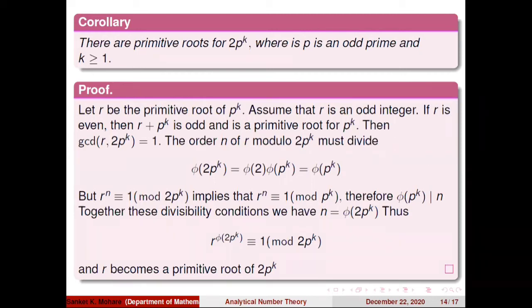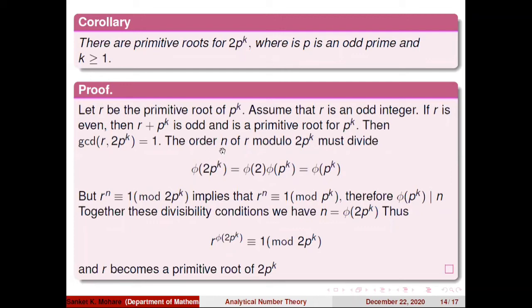We are assuming this. So by the first theorem, theorem 1, if integer a has order k modulo n, then k divides phi of n.